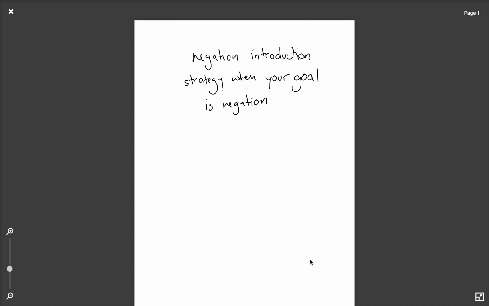So, if I am in a situation where I want to prove not A, what I do is I use a strategy of a subproof. So I say, well, I'm going to assume the opposite is true. I'm going to assume that A is true. If A were to lead me to a contradiction somehow, that would mean not A must be true.